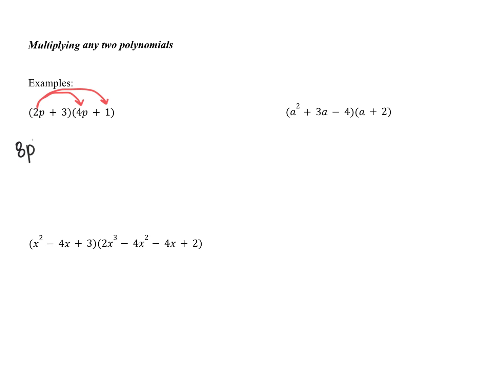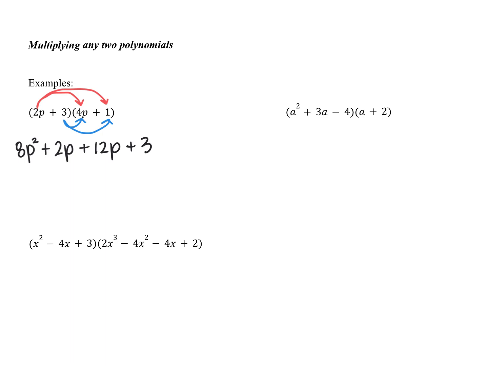P times p is p squared, and then plus 2p times 1, which is just 2p. Now I have to take my 3 and multiply it to everything in my second set of parentheses. 3 times 4p is 12p, and then 3 times 1 is 3.